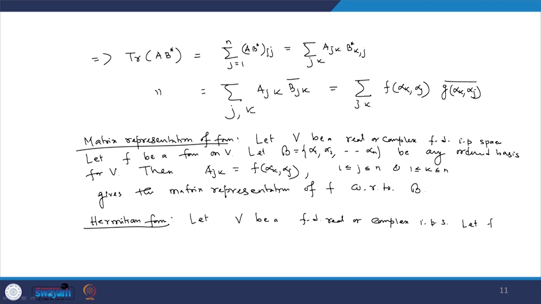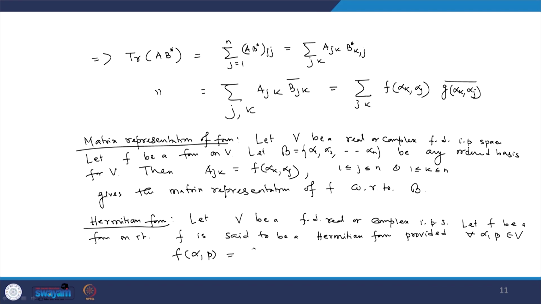Let f be a form on it. f is said to be a Hermitian form provided for all alpha, beta belonging to V, f of alpha beta equals f of beta alpha bar.